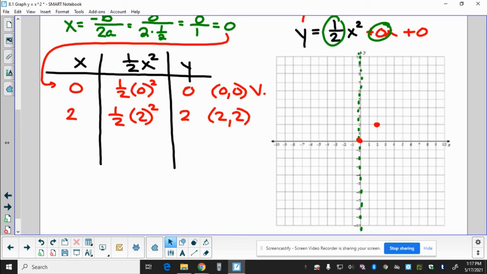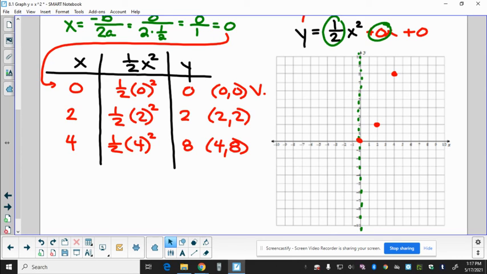Pick numbers that you're going to be able to take half of. How about 4? So 4 squared is 16, and half of 16 is 8. So that'd be (4, 8). See what I'm talking about now? That's easier. Now, if you pick an odd number, you have a really hard time graphing that.